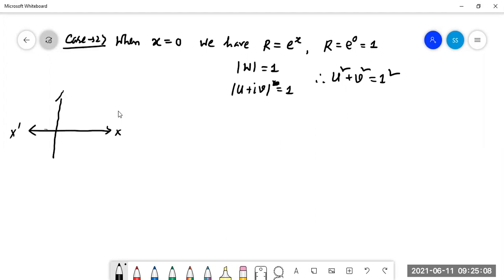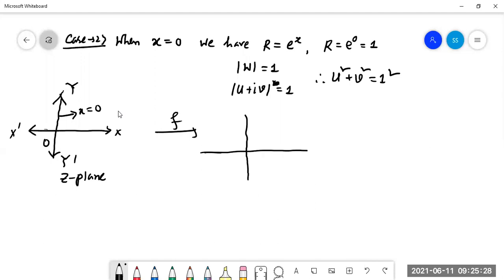x dash, y dash. So x equal to 0 is the y-axis in the z plane. After transformation with F, it comes into the W plane, that is u dash, v dash, as a unit circle.